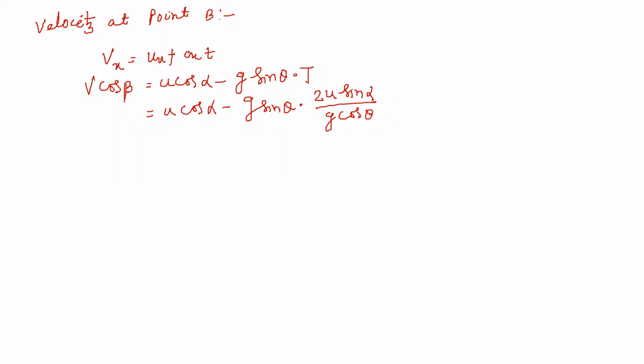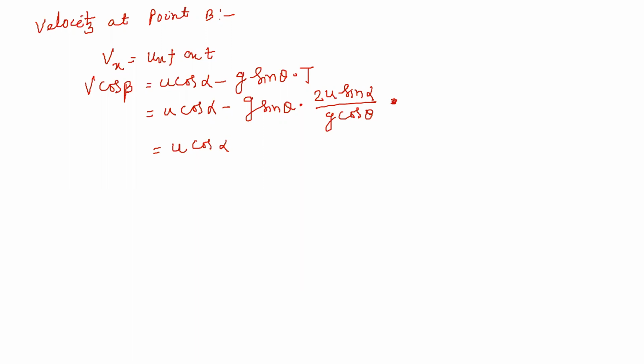Correct? And see here, I want to take u cos alpha common. So we have u cos alpha minus g sin theta times 2u sin alpha over g cos theta.